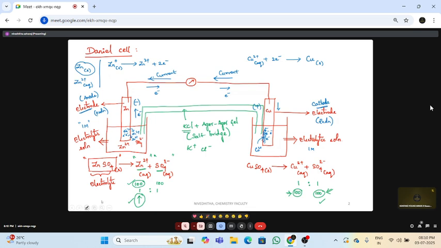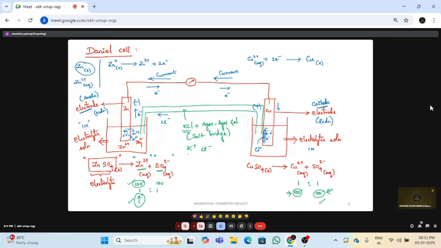So to maintain the neutrality, the anion concentration also has to increase. In potassium chloride, Cl- is the anion, right? So the Cl- ions present inside the salt bridge will start dissolving inside the solution, because of which the cation and anion concentrations will be equal and neutrality can be maintained.